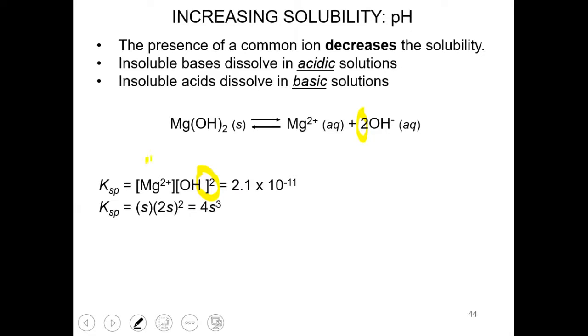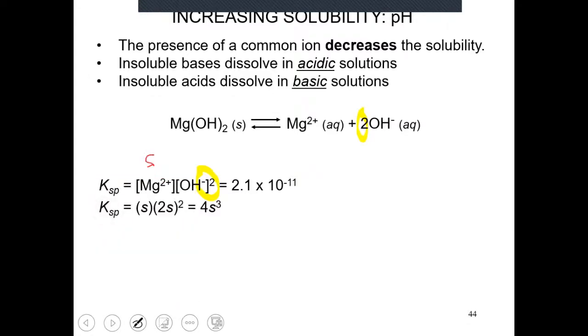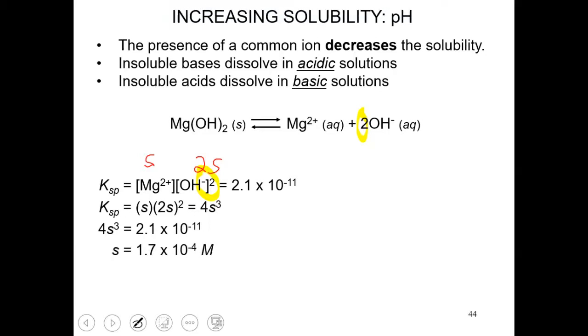So this would be S, and this would be 2S. So that means it's 4S cubed. And so if I want to solve that out, I divide by 4 and I take the cubic root of it, and I get that my molar solubility is 1.7 times 10 to the negative 4 molar.